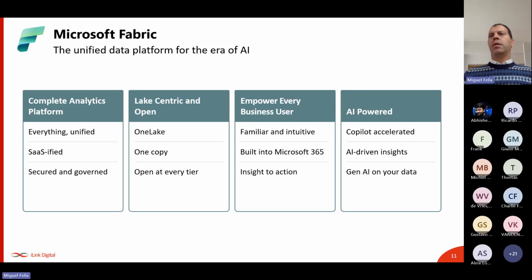And then, as is very common currently, Copilot is going to be an accelerator in terms of development of this tool and of your insights inside your data. So it's also a foundation on which Fabric is set.